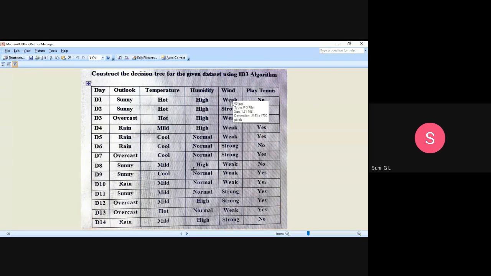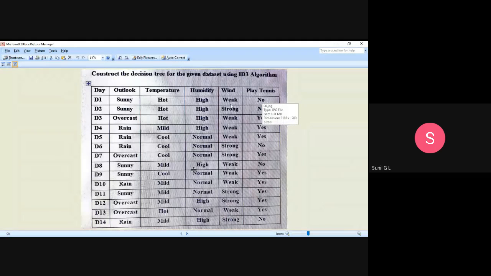When you come to wind, here we have two things, strong and weak. So calculate the entropy of strong and the entropy of weak. When you calculate those two things, then you need to calculate the average information gain of the wind.